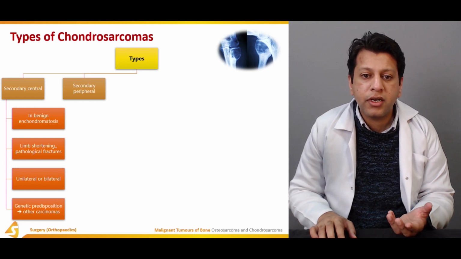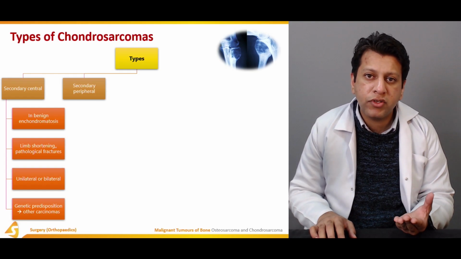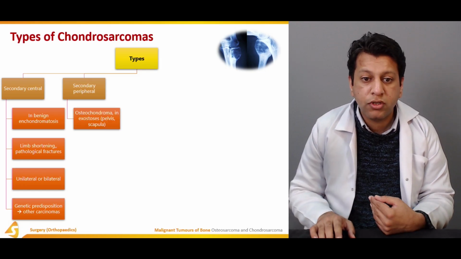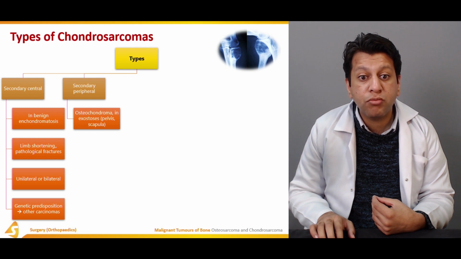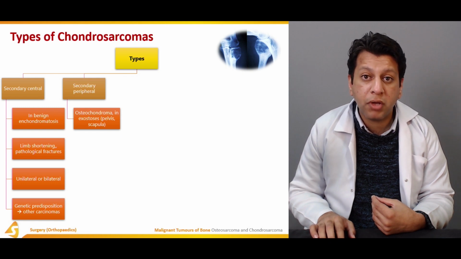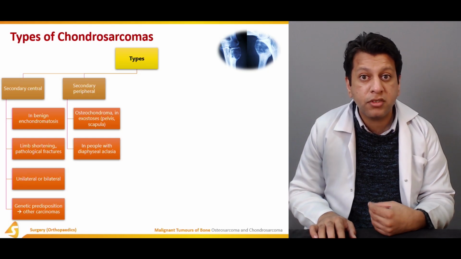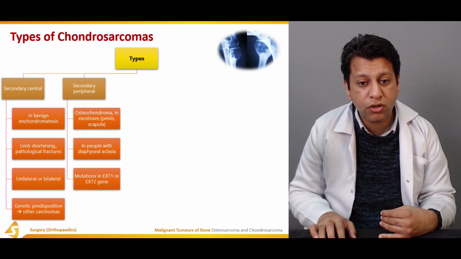Or they can be secondary types, which are peripheral, usually not in the axial skeleton but in the long bones. They may be secondary to osteochondroma or exostosis, seen in the pelvis and scapula. People with diaphyseal aclasis may present with a secondary chondrosarcoma.